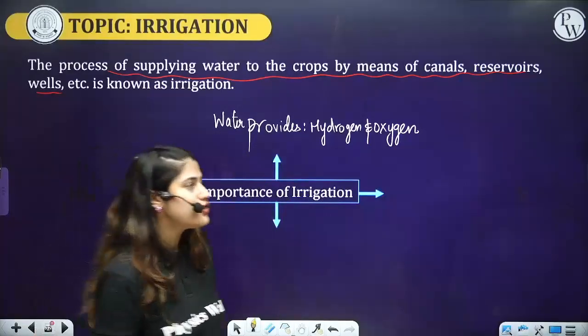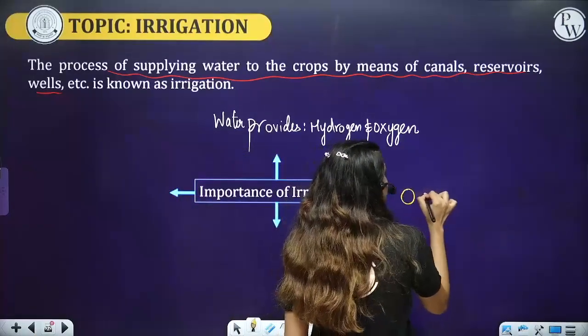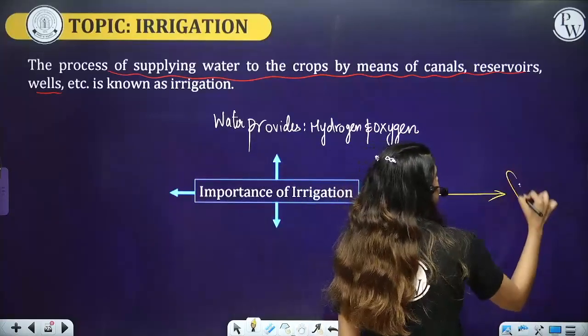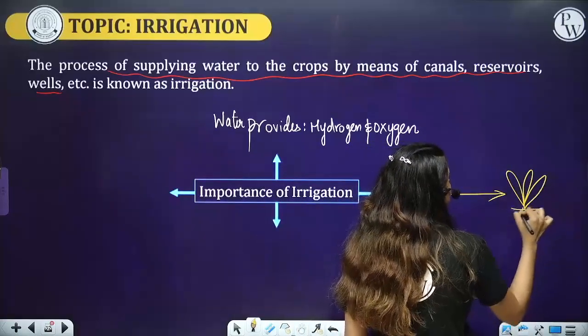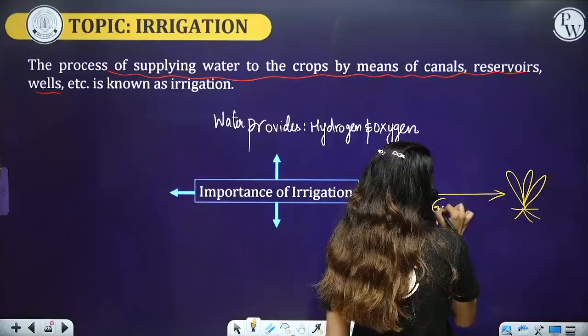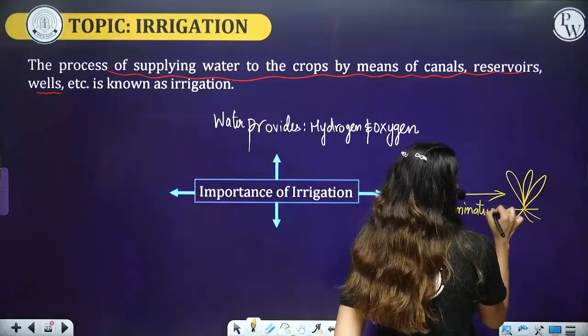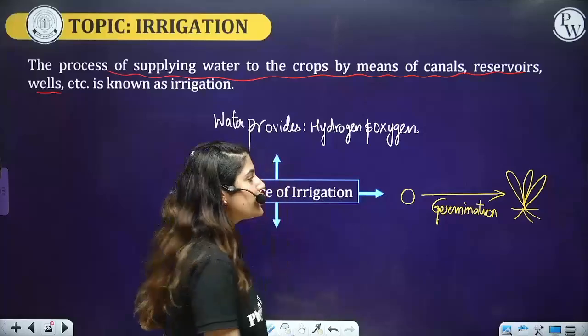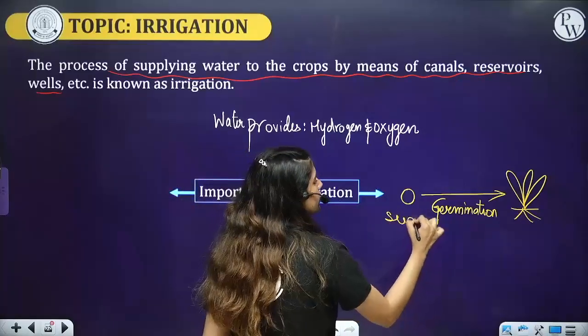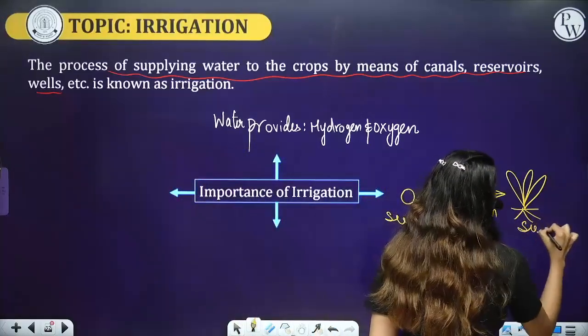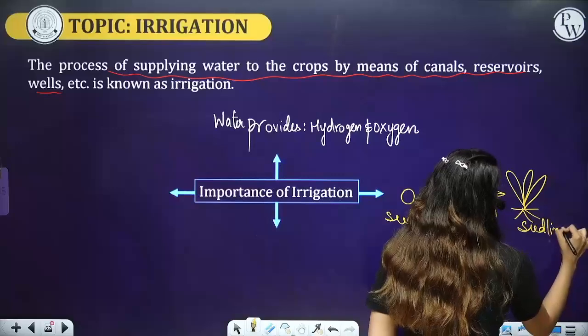What is the germination process? The process by which the seed develops into a plant. This process is called germination, and germination also requires water, right? The process from which the seed is converted into a seedling, basically a baby plant. What is a seedling? A baby plant.